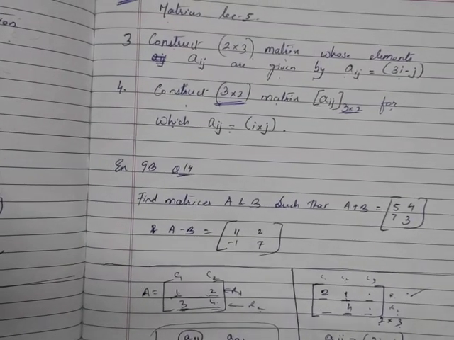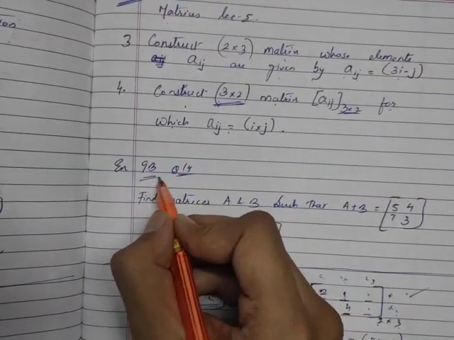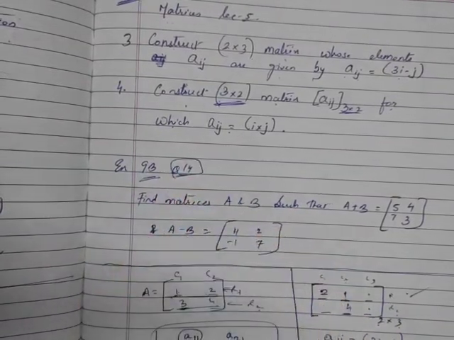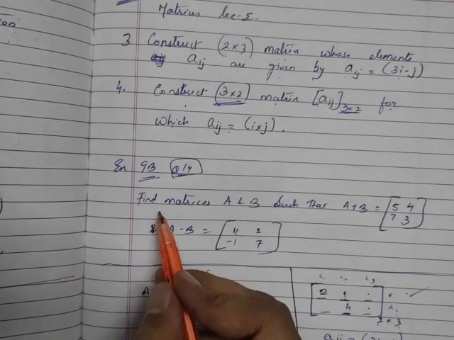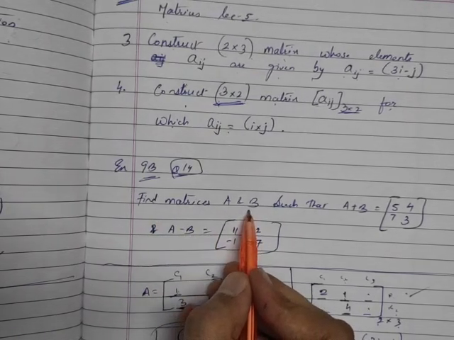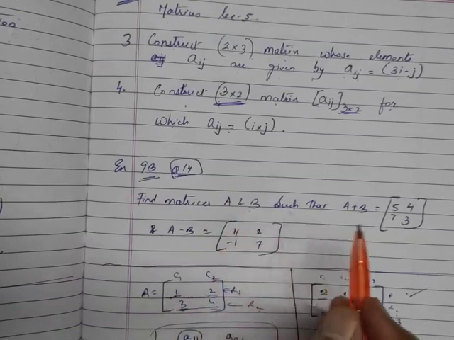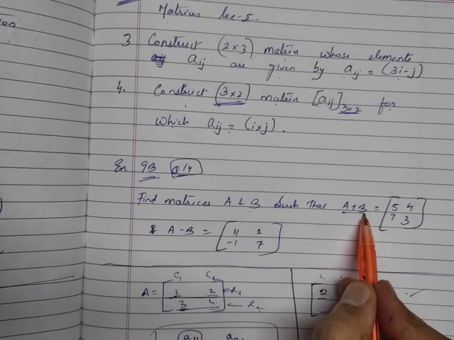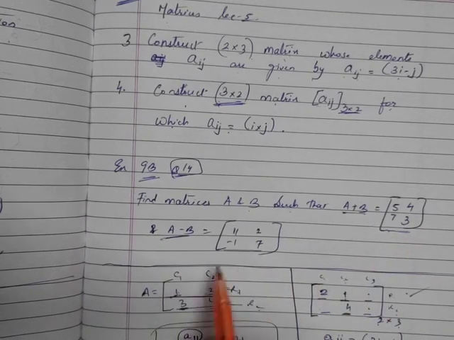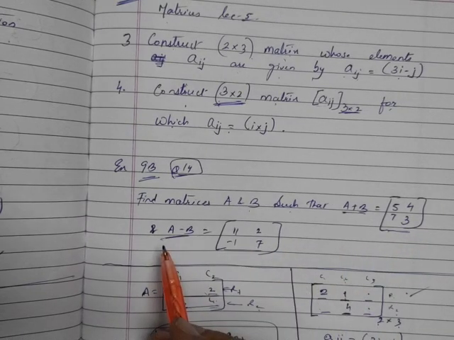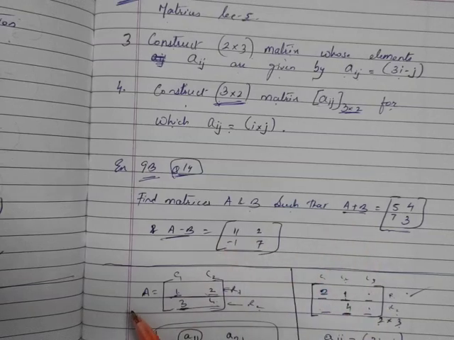Time to go for 9th B ka question 14th. It says find matrices A and B, such that A plus B is given by this matrix and A minus B is this matrix. Does it sound like simultaneous equation solving?